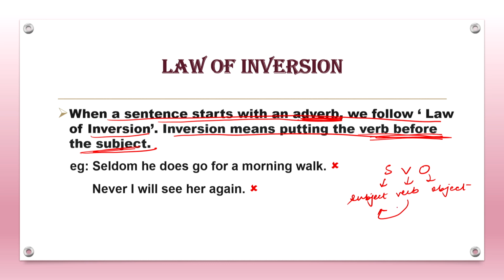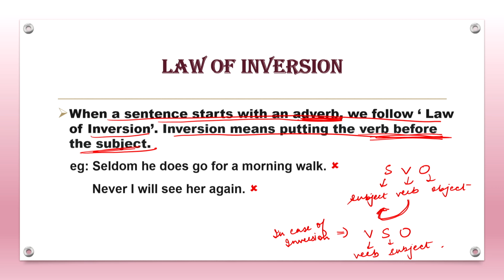So, in case of inversion, the verb will come before the subject. Hence, in case of inversion, the following format is used, VSO, that is, your verb will be placed before the subject. So, keep this in mind.